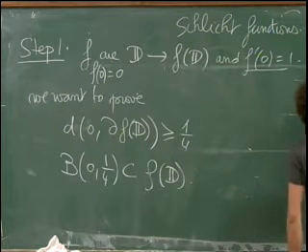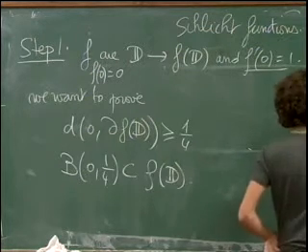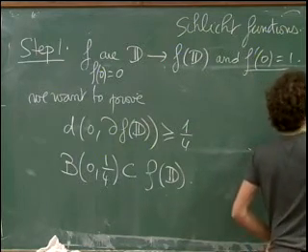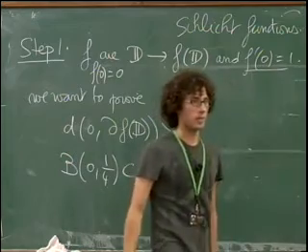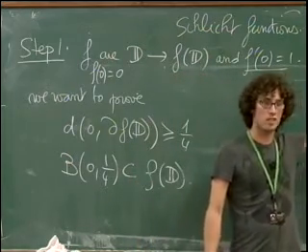OK, and so what I was going to say is that you use what we call the area theorem. So let's say first that you have a function f defined on the disk, which sends the disk to some domain. It's a conformal map.